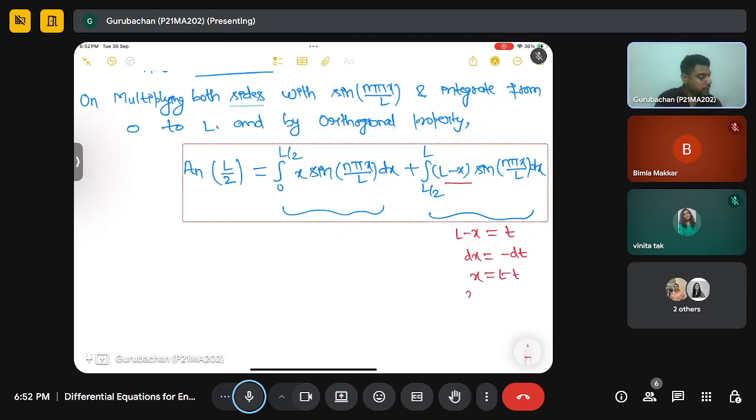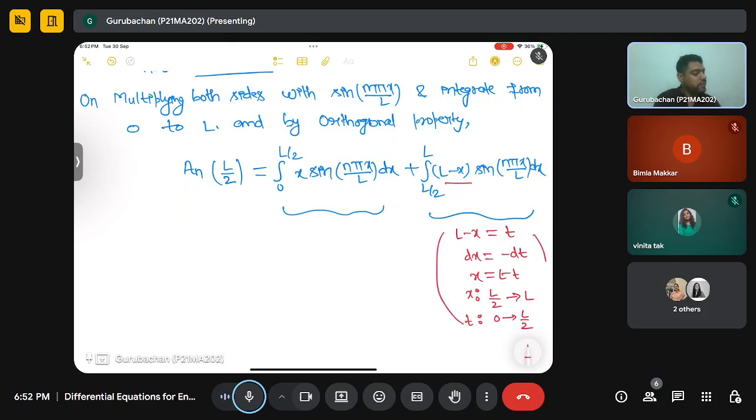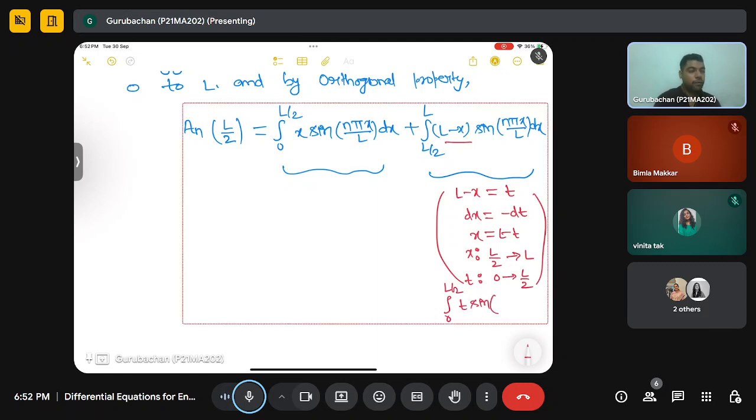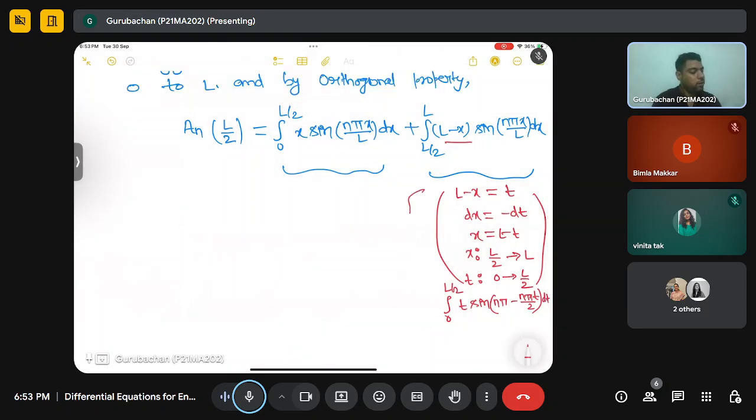Since x was varying from L by 2 to L, t will vary from 0 to L by 2. So this change leads us to the integral from 0 to L by 2 of t sin(n pi minus n pi t by L) dt. Okay, this will be your integral.